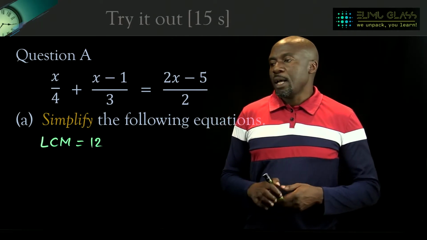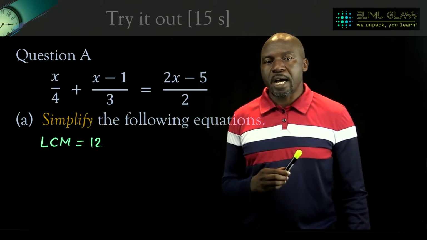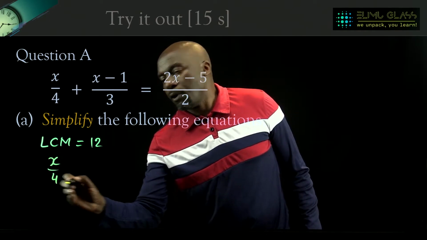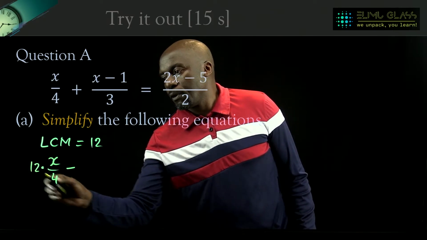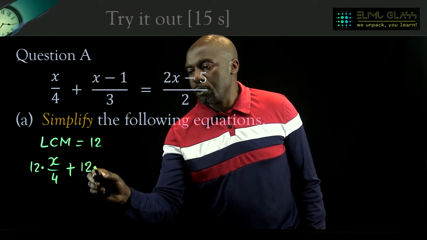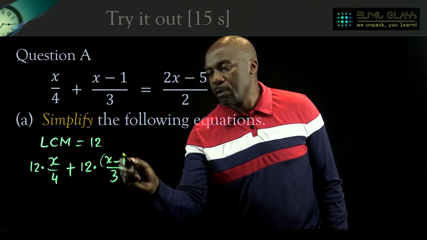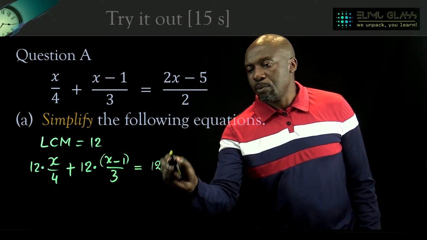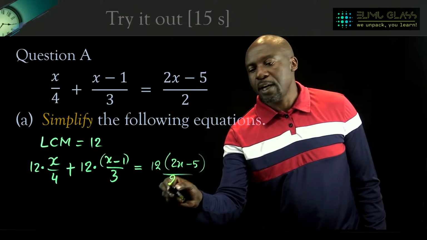24 would still work. And so what we want to do now is to multiply each of the three terms by the LCM, which is 12. So I'll write 12 multiplied by x over 4, plus 12 multiplied by (x minus 1) over 3, and we'll say this must be equal to 12 multiplied by (2x minus 5) divided by 2.